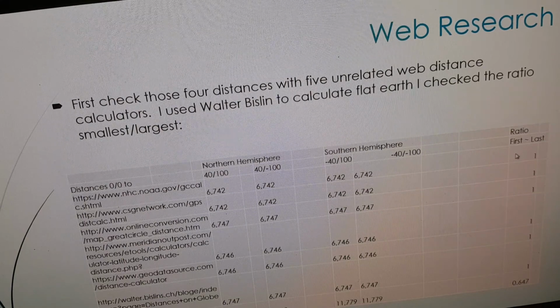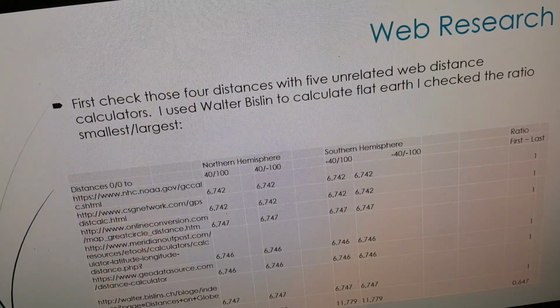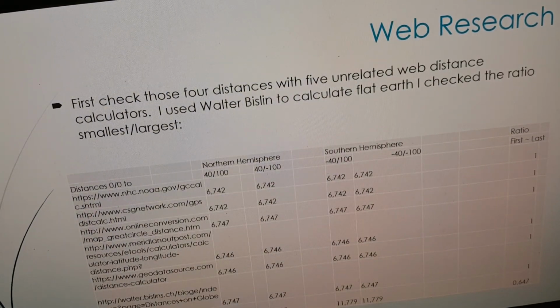I also calculated the ratio of this first number to this last number. I wanted to use this ratio because we might think that the maps have a different aspect.